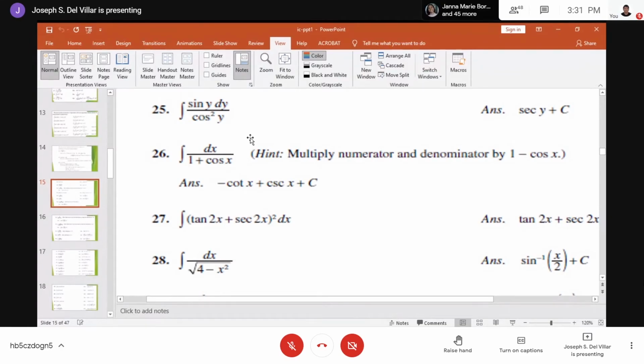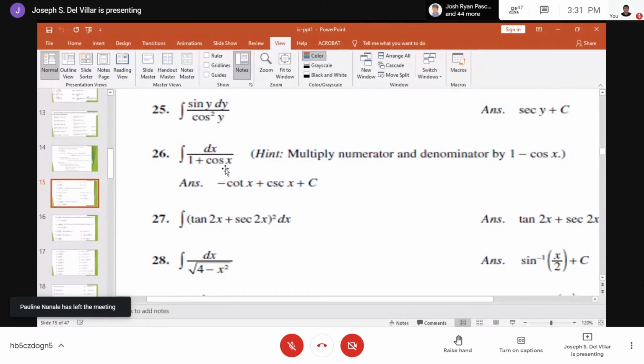Okay? So hindi lang imo-multiply natin yung numerator, but also the denominator, no? So when we make use of a conjugate, it should be applied both in the numerator and the denominator. Okay? So multiplying this one, magkakaroon tayo dito ng 1 minus cosine x dx all over 1 minus cosine squared x.